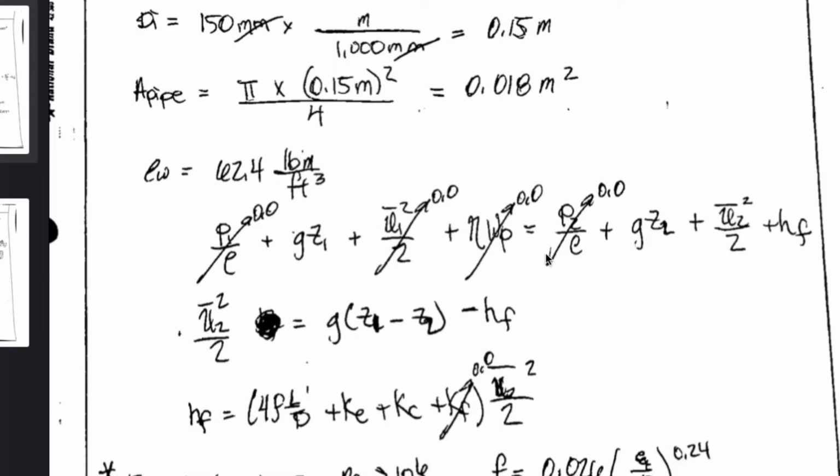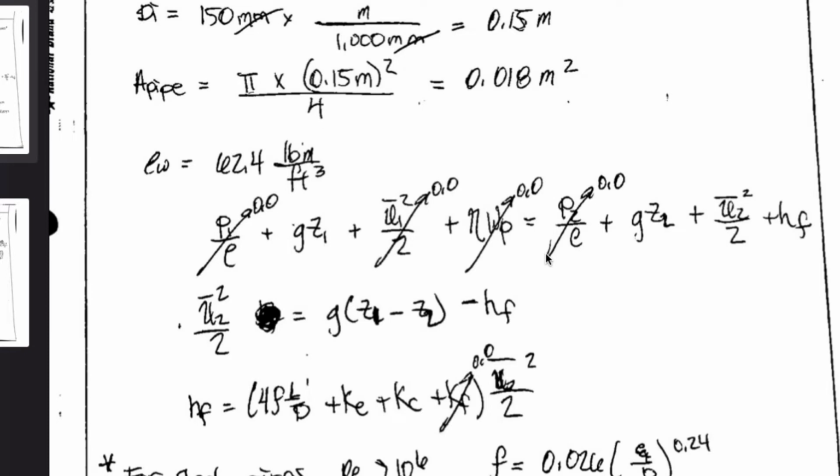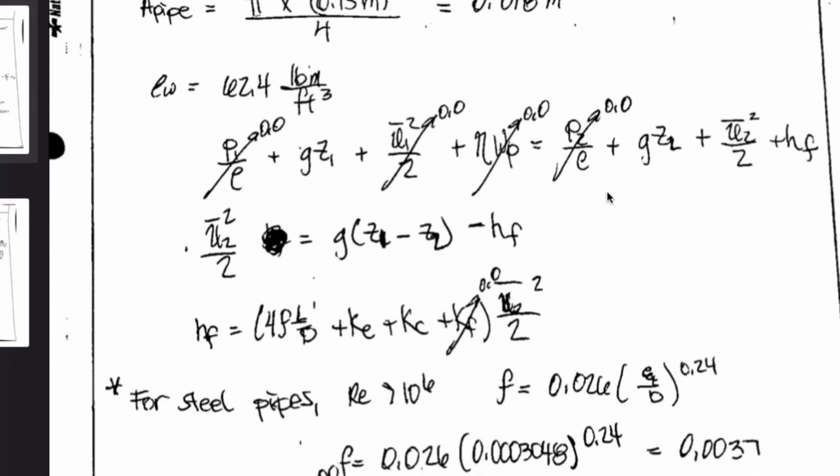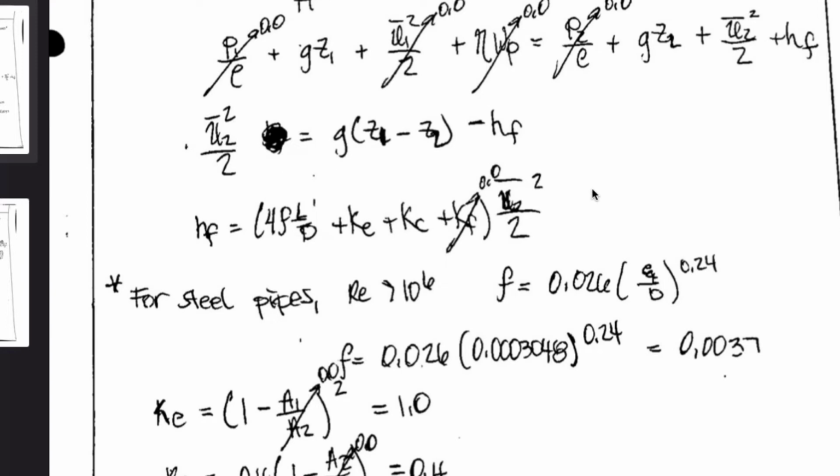We know that the velocity at point one at the surface is zero. We want the velocity at the discharge. That's what we're trying to find. Crossed all that, and it got me this little equation right here.